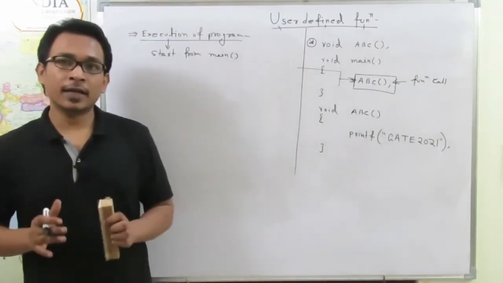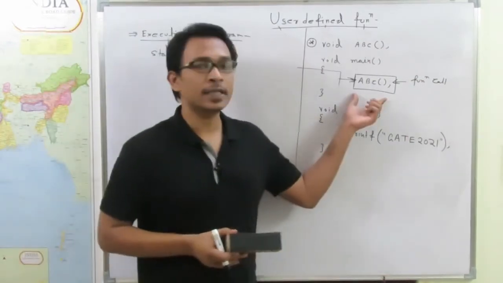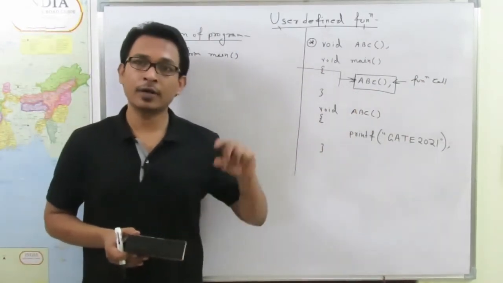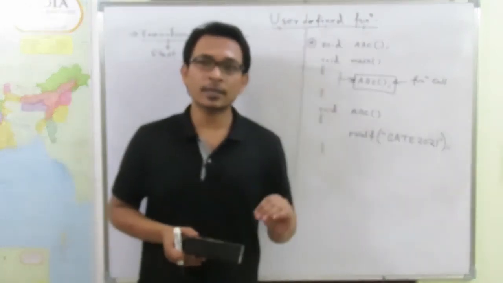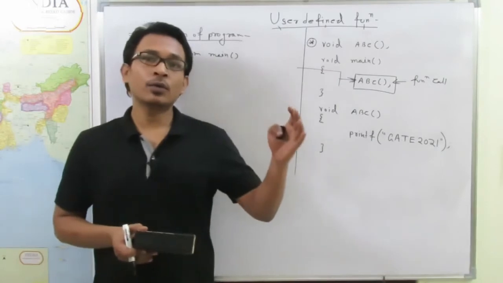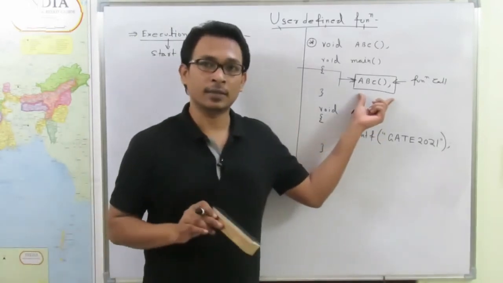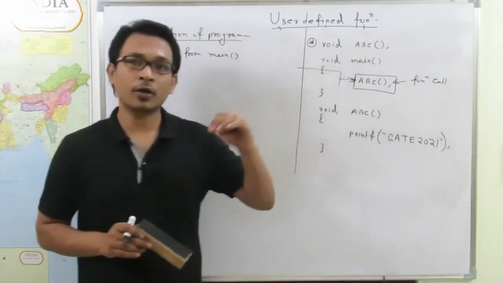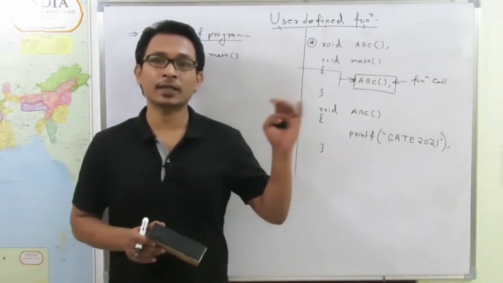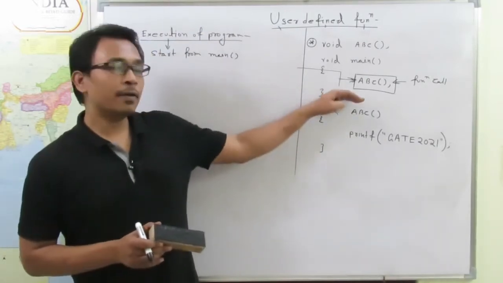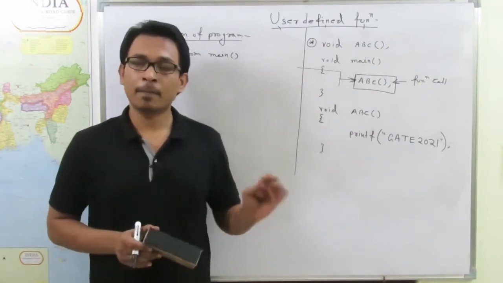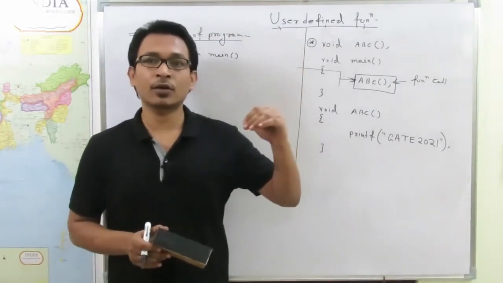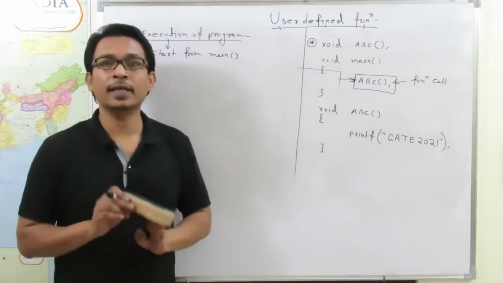System will first check whether this particular function is implemented or not, and to do that, system will check all the instructions given above the function call instruction, because whatever is below, that thing is not yet known by the system, but whatever is above the function call, that thing is already known by the system.